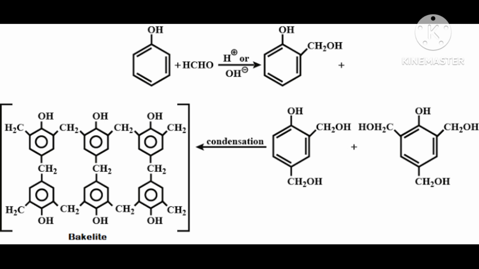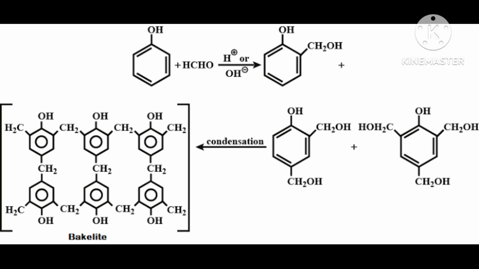Then that O negative, with the H plus from the ring, will form OH. And the positive carbon will join with the negative carbon of benzene, correct? Like that we will get the product, phenol with CH2OH now attached.